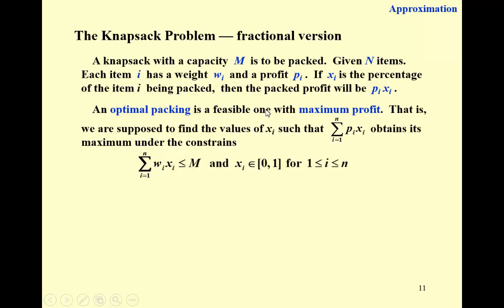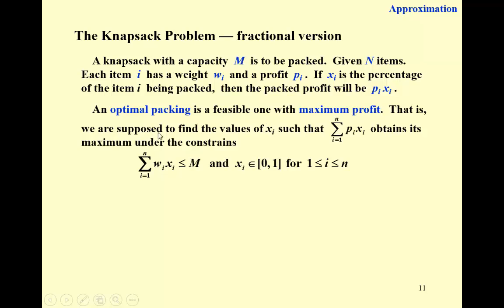Feasible means what? Means that the total weight of all the packed items is no more than the maximum capacity of the knapsack. So it's a feasible one with maximum profit.